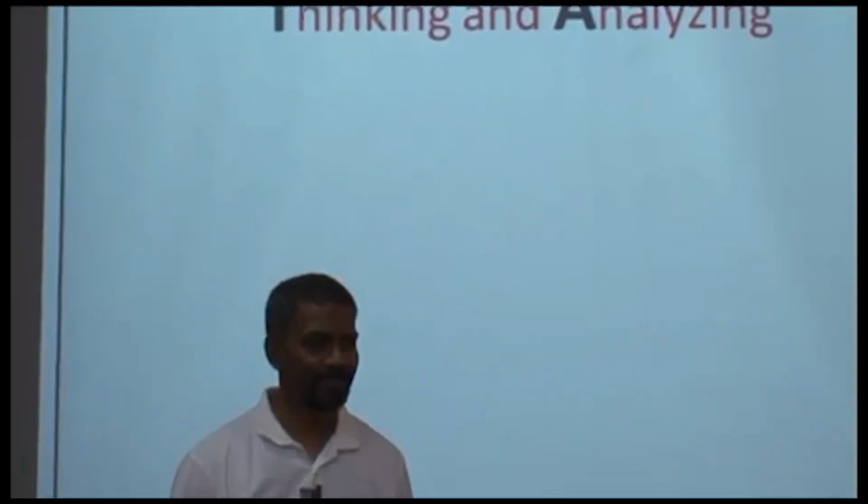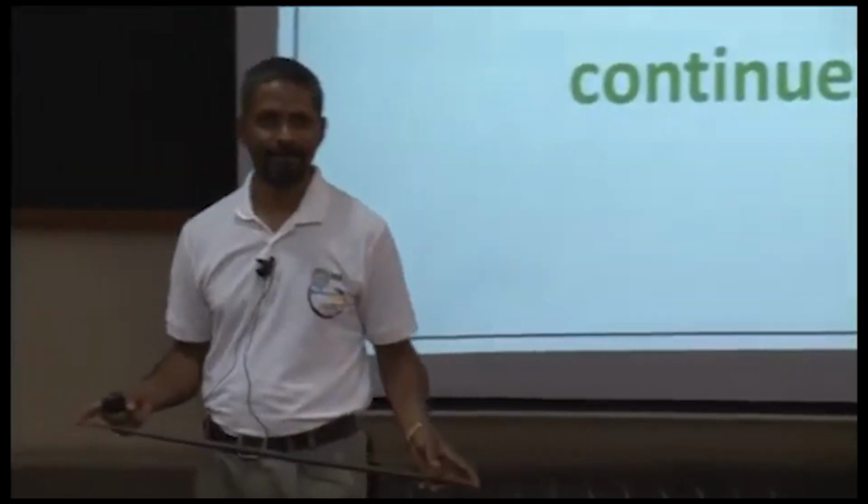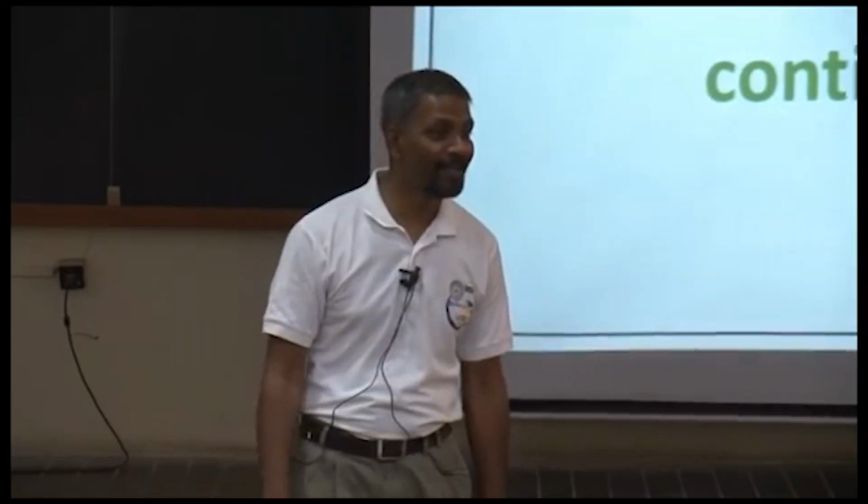Thinking and analyzing. Ends? Well, you have lab number 13, and then you have your exam. It better not end. And even after this course, your thinking and analyzing should not end. C for, M for, didn't you say M for midterms, M for marks, M for money, M for what?